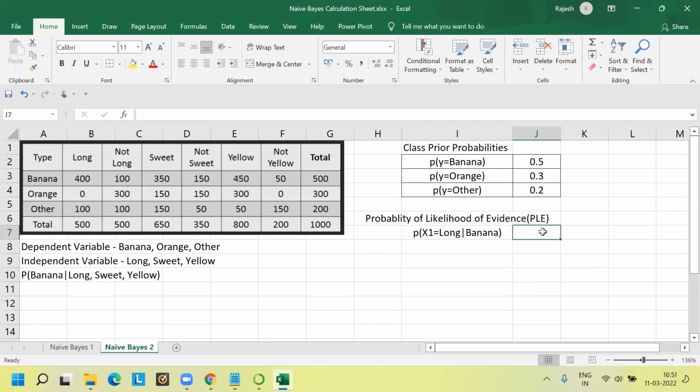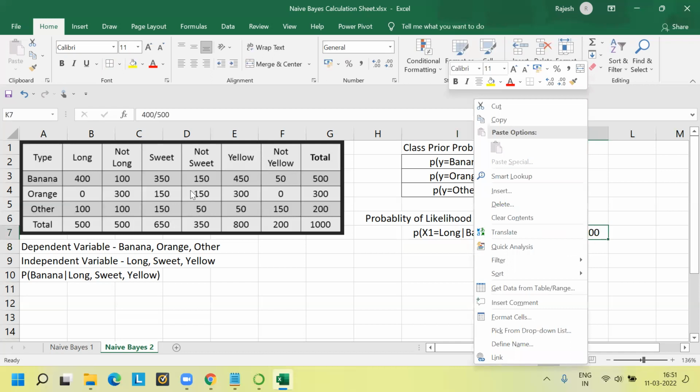How many longs are banana? 400. What is the total? The column total is 500. So 400 divided by 500 is 0.8. This is the long column, 400 by 500.